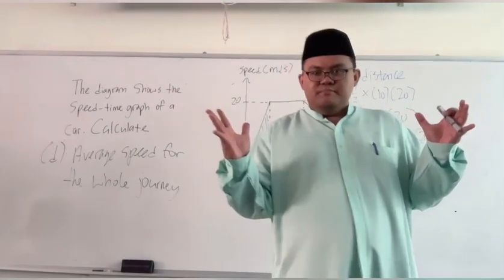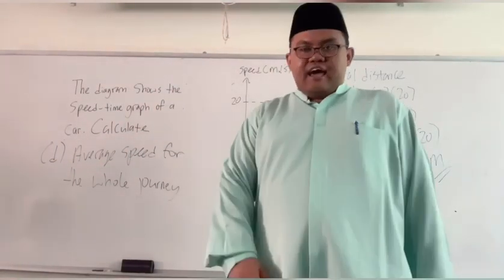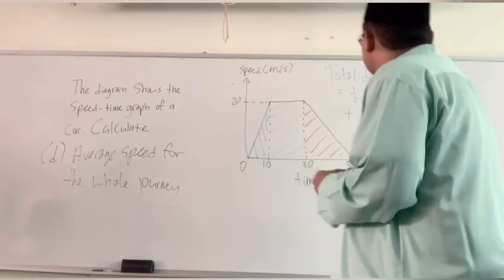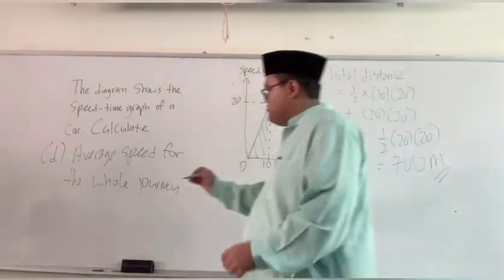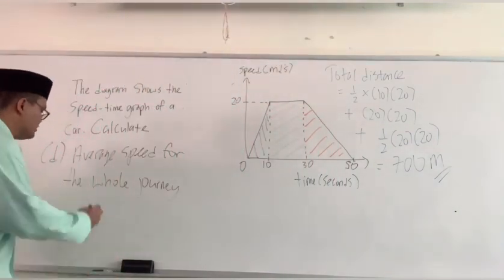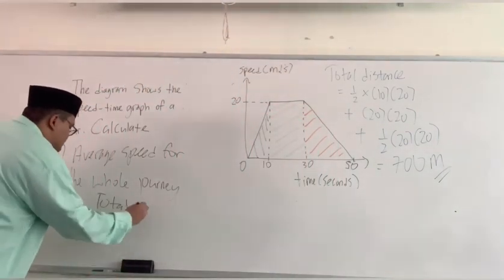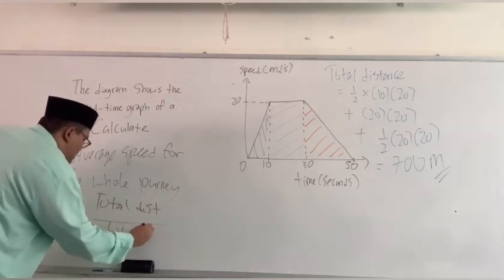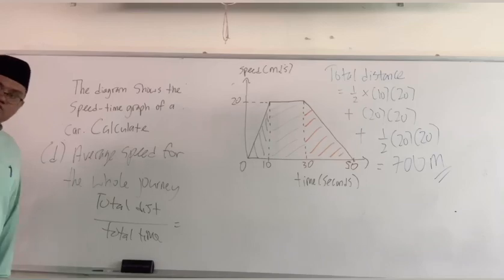And finally, let us calculate the average speed for the whole journey. What is the formula for average speed? Average speed is total distance over total time. Do we know total distance?